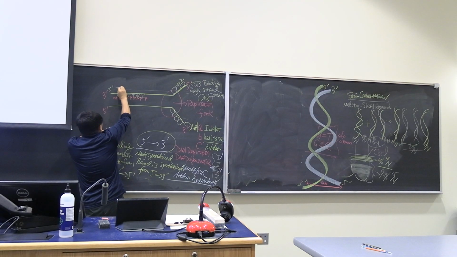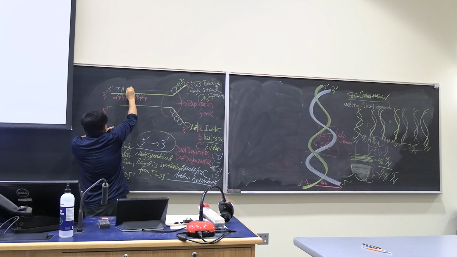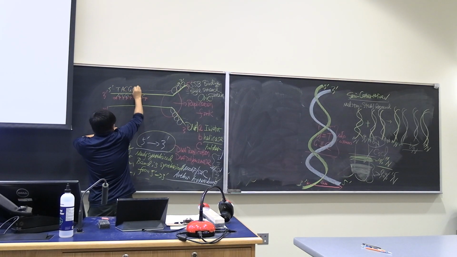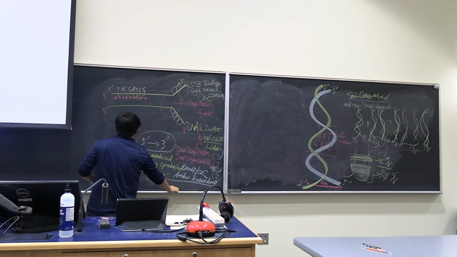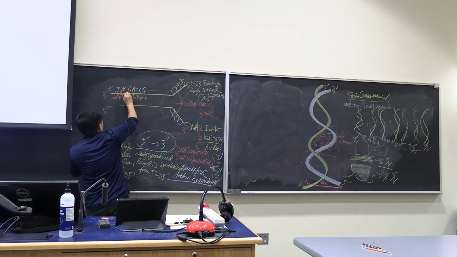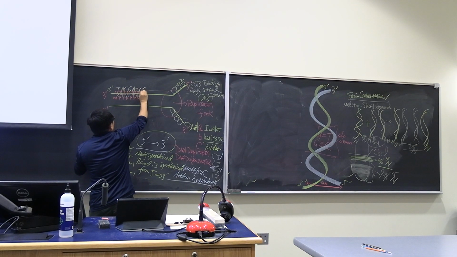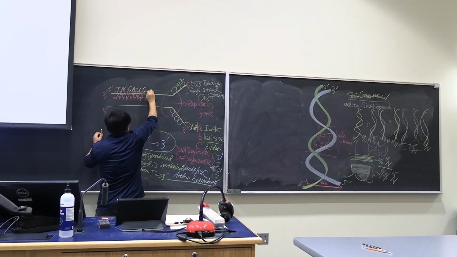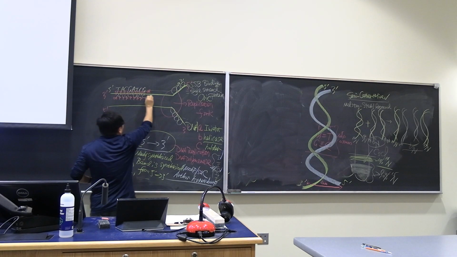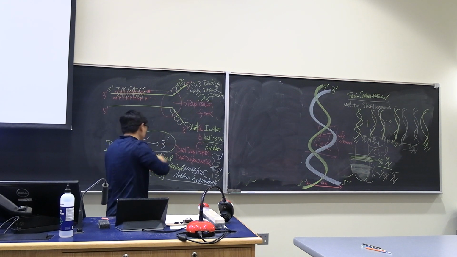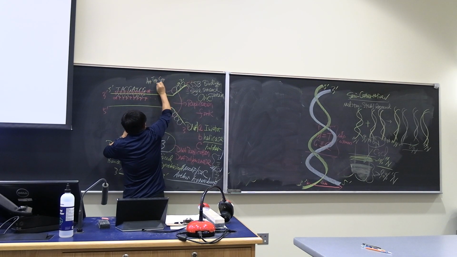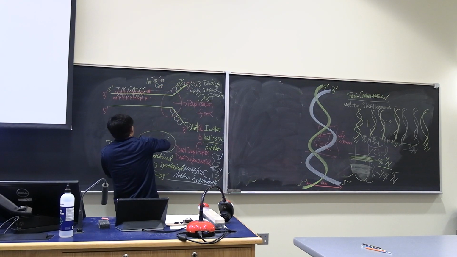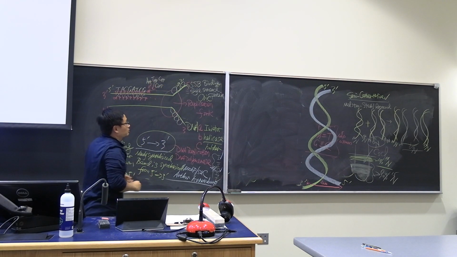That is T, A, C, G, A, T, C, G. Each has a P, and at this end, we add an OH. The nucleotides come in carrying triphosphate, based on complementary pairing.